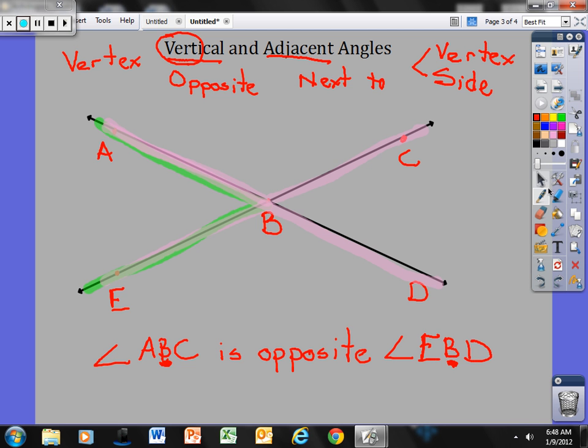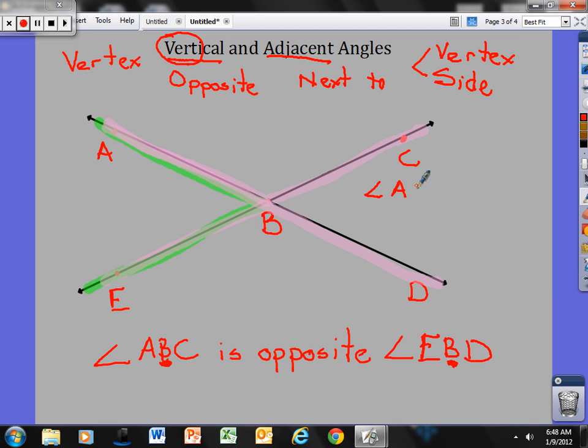So adjacent angles could be angle ABE is adjacent to, or next to, angle, and let's see here, we said EBD.